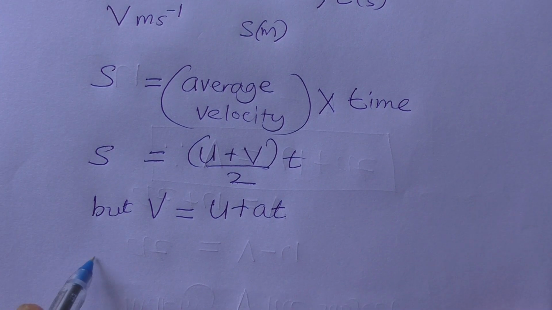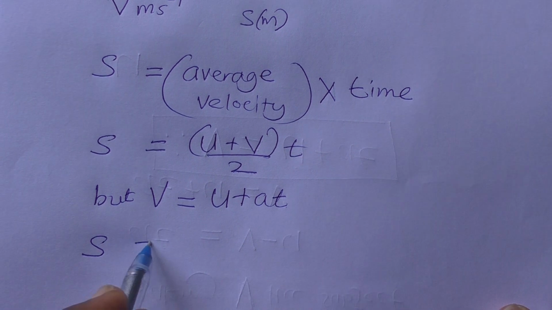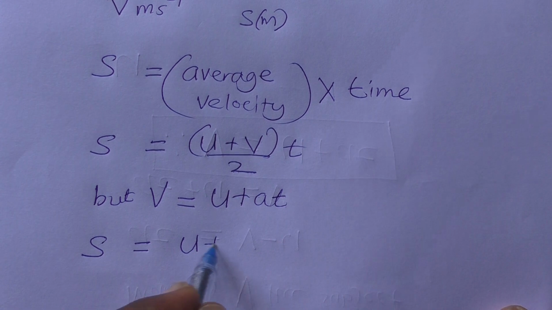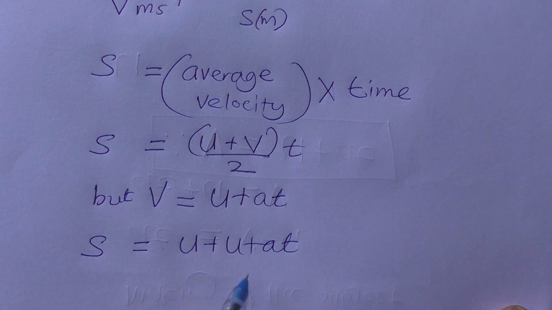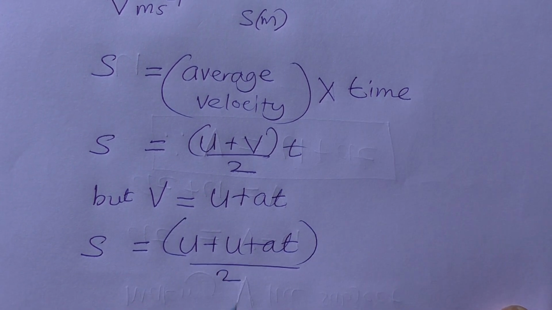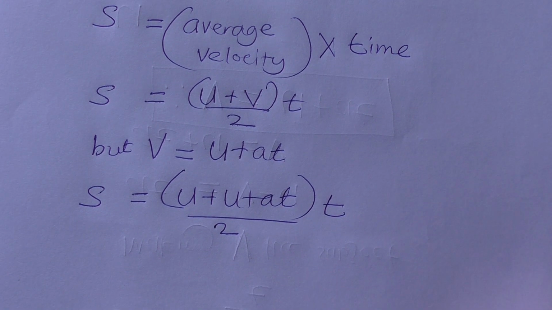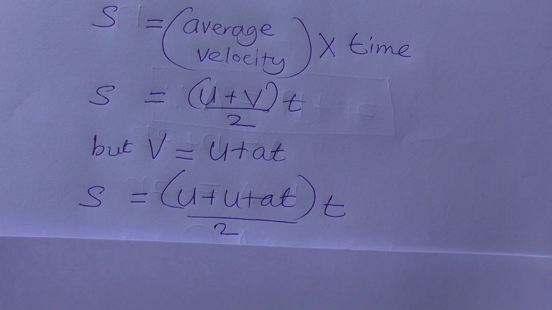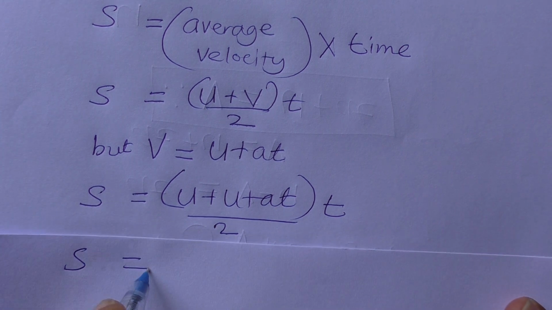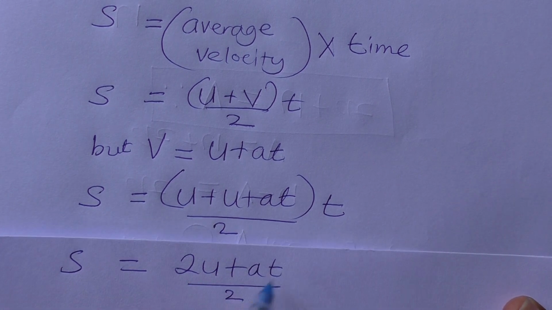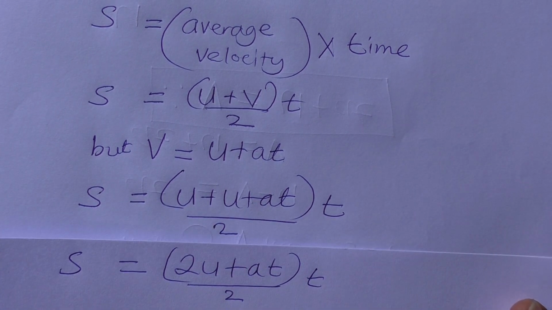And therefore, the distance covered in that particular direction will be u plus at, this over 2 times t, which gives us, if we are to simplify, we shall add the u, so that we get s equal to 2u plus at over 2 times t.